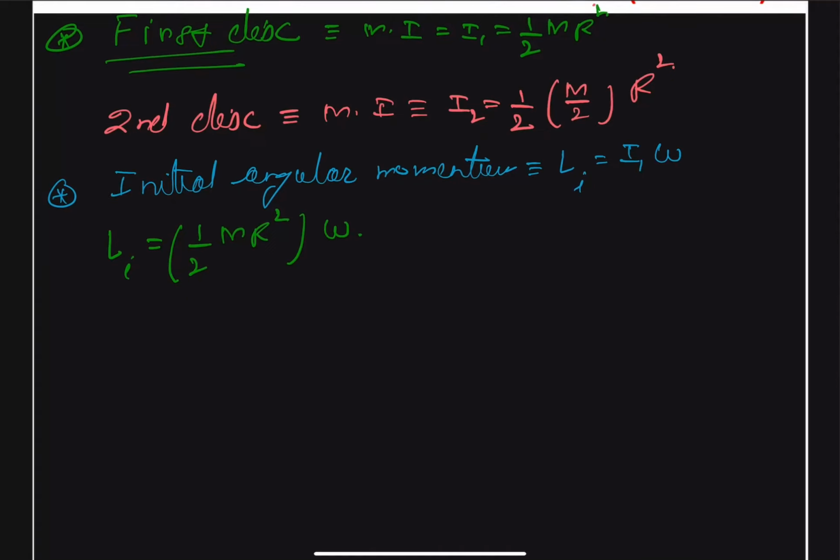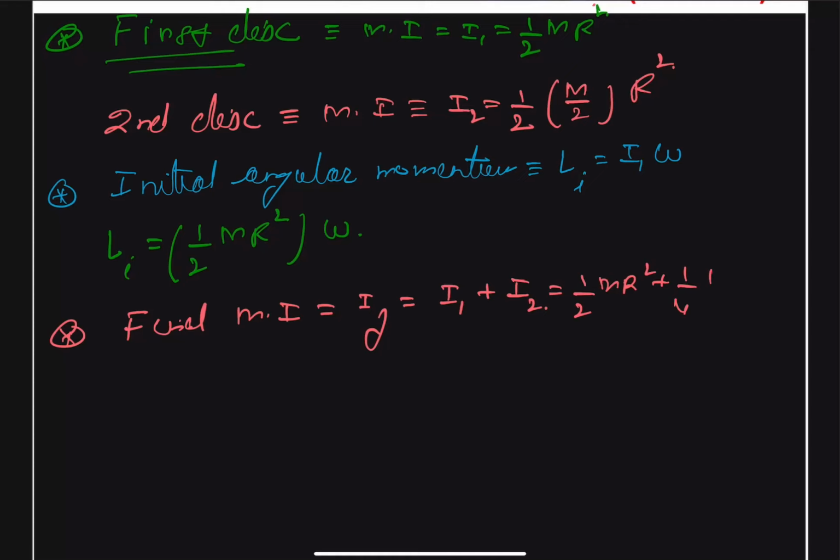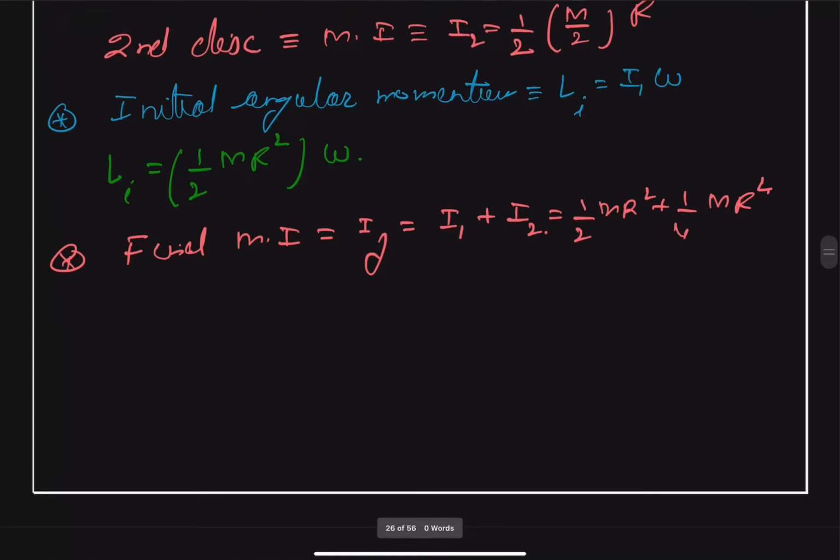Now we can find out the final moment of inertia. Final moment of inertia, let us call this IF, will be equal to the moment of inertia of the first disk plus the moment of inertia of the second disk, and that will be half m r square plus 1/4 m r square.